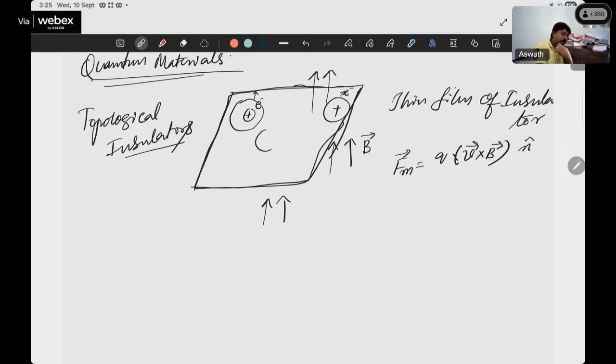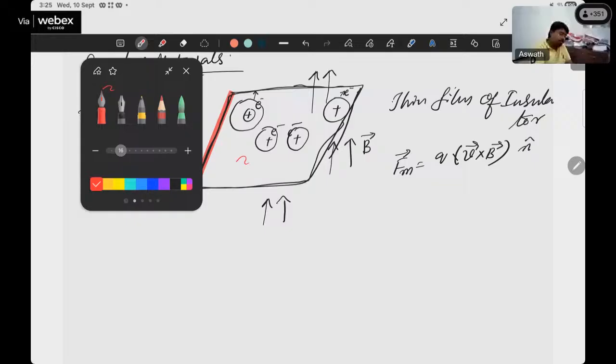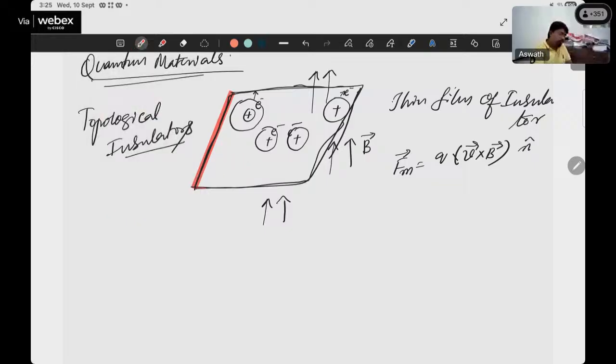Inside, the electrons are revolving, so they are not going to contribute any current on the surface, but at the edge there is some current which is created because of the electrons which were knocked out to the boundary by this Lorentz force.